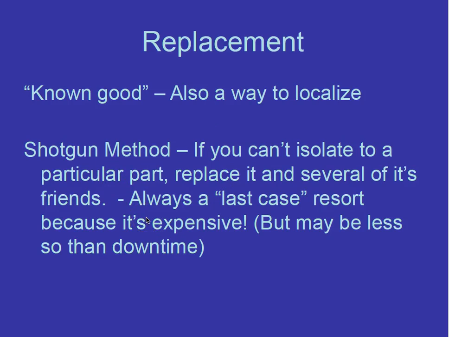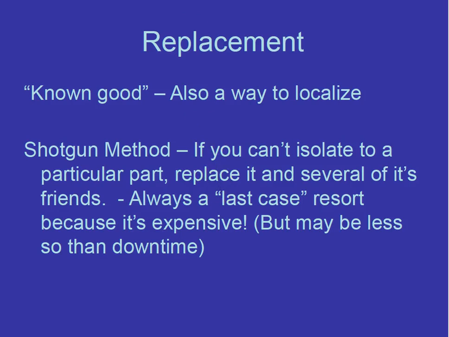But this is an expensive approach because some parts may be expensive to replace. So we try not to do that. We prefer to troubleshoot the circuit and try to fix it that way. So that's your last resort of replacing the parts.